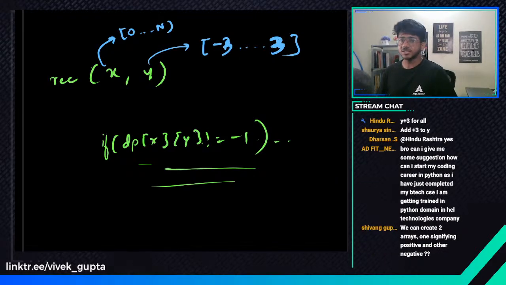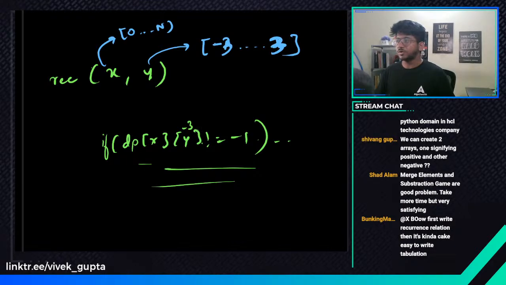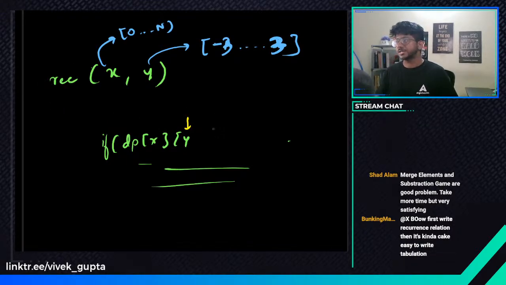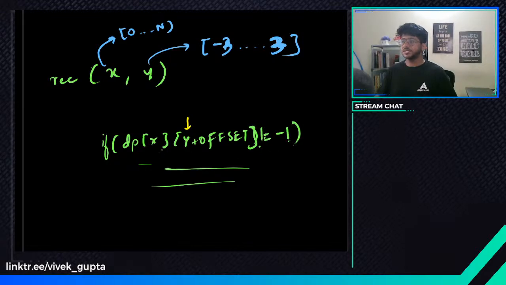So what we do in these cases is, we cannot really access minus 3 over here. So for every possible y that is there, when we access the array, we are going to add an offset. So plus offset, we are always going to create a variable called, let's say, offset. We're going to return the saved value.